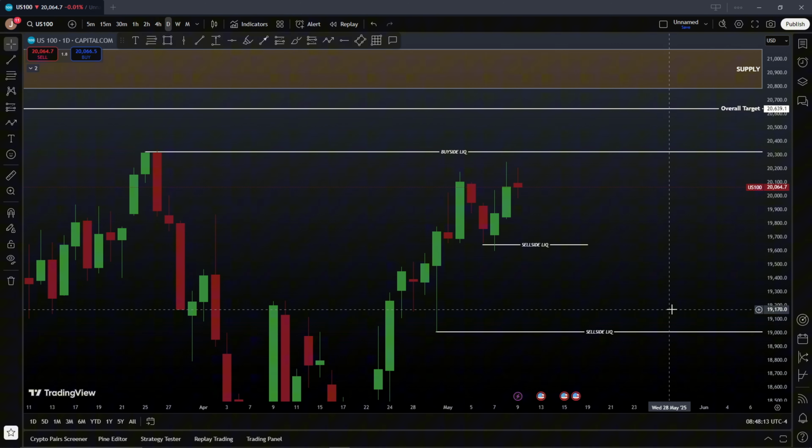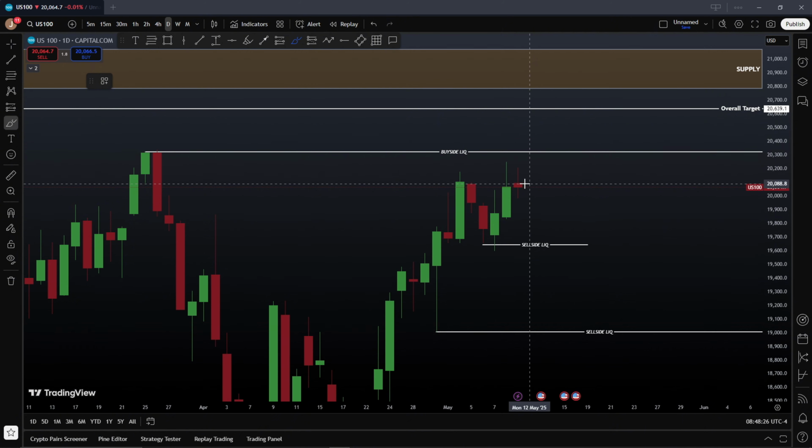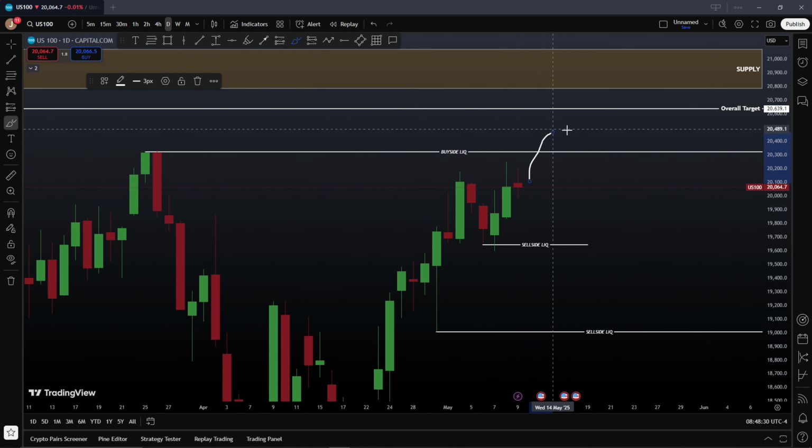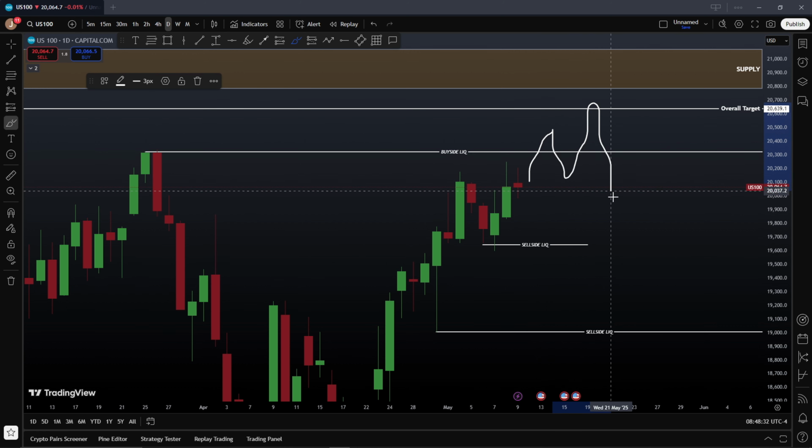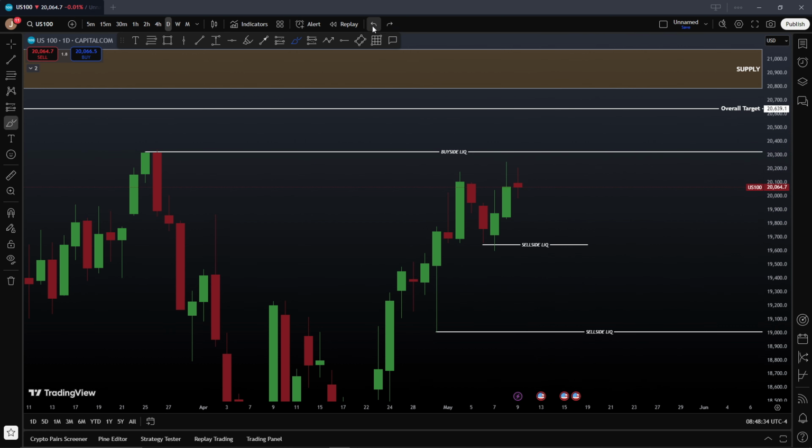Listen, we can do our analysis and our breakdown, but at the end of the day, we still need to be reactive when it comes to price. With me saying something like, if we are going to take out the buy side liquidity, this is a zone which I will monitor to go short. That is exactly what I mean.